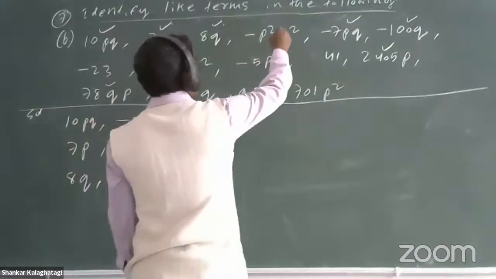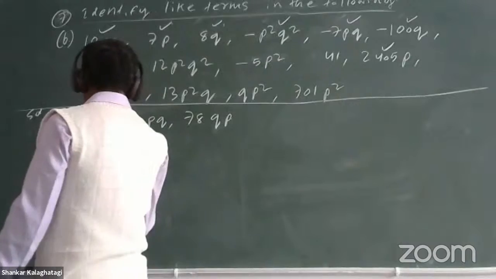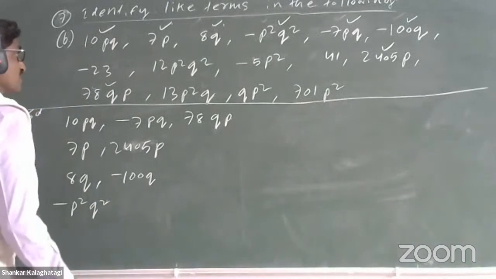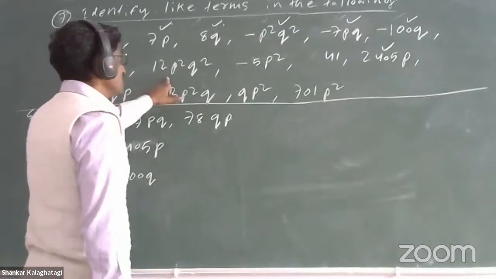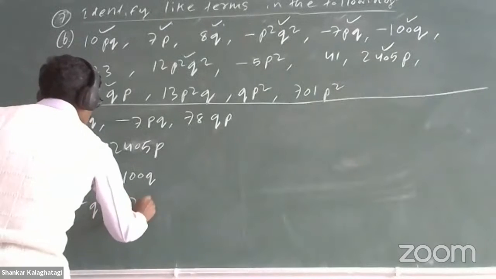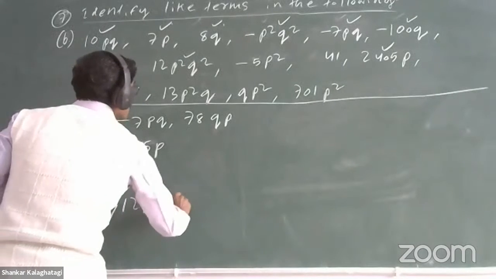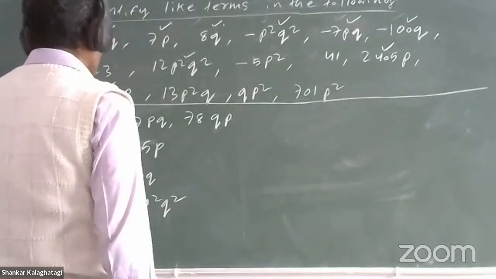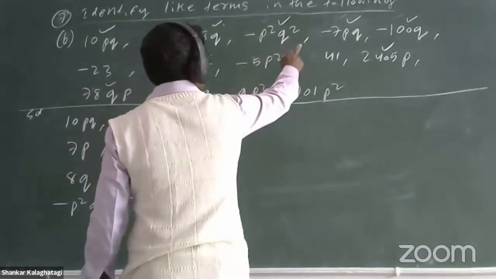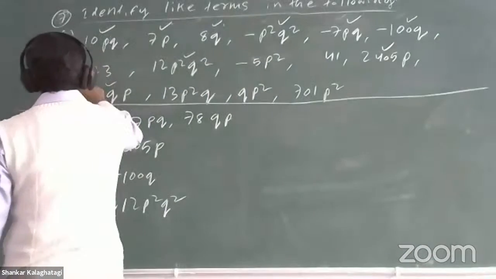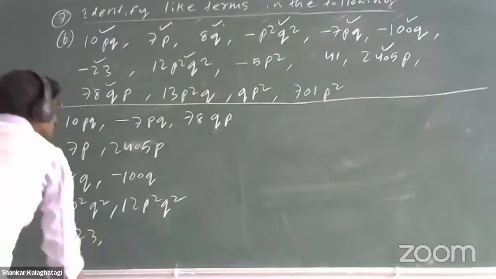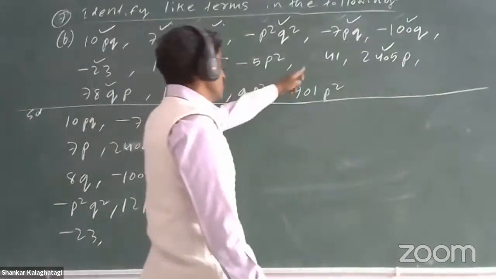Next, now minus P square Q square. Only P square Q square. Here it is. One more: 12 Q square P square. Next, only 2 are there. Next, we are going to take only constants: minus 23, only numericals.